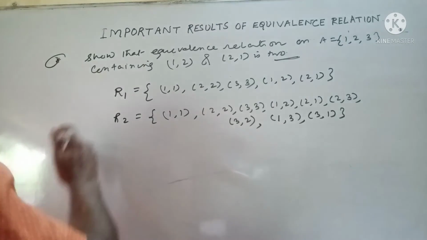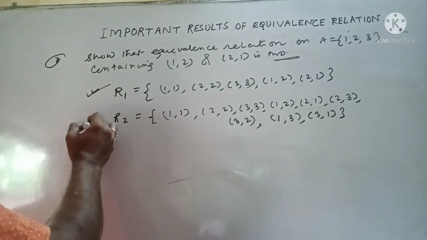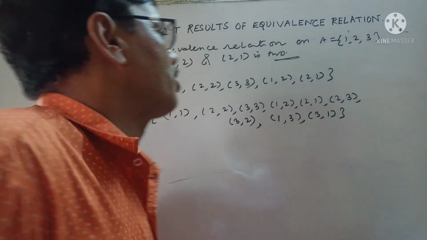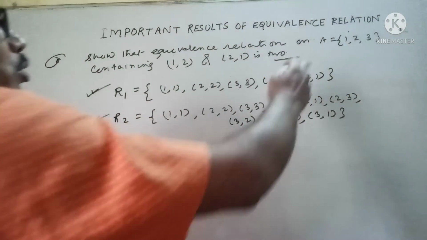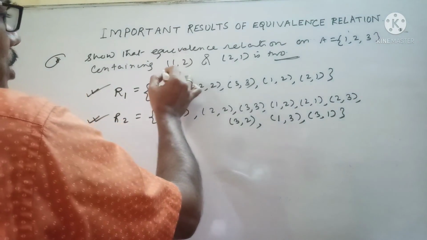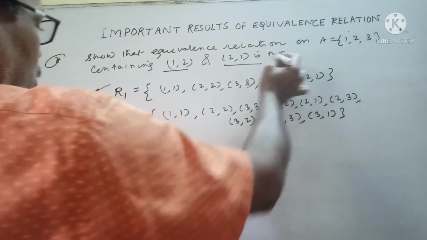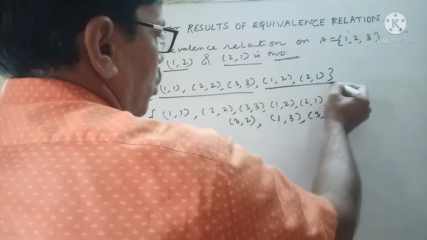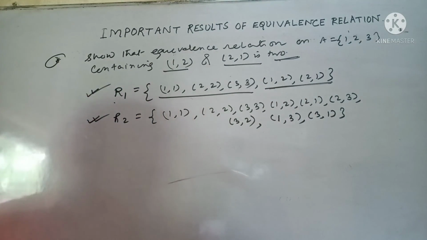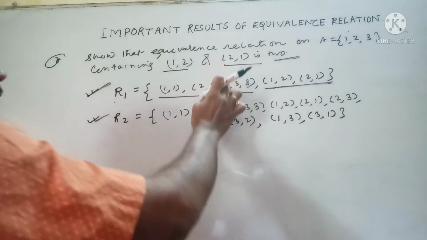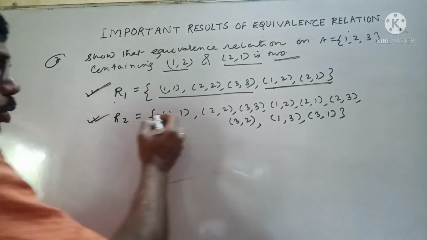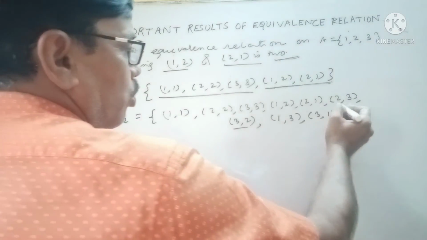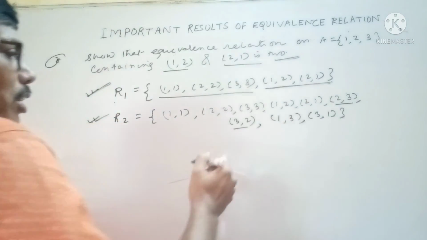So you are getting only two relations, R1 and R2. The smallest equivalence relation on A containing (1,2) and (2,1), to make it equivalence, (1,2) and (2,1) must be added. We have already proved that this one is an equivalence. Now R2, then (3,2) and (2,3).